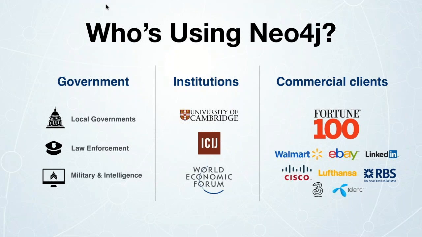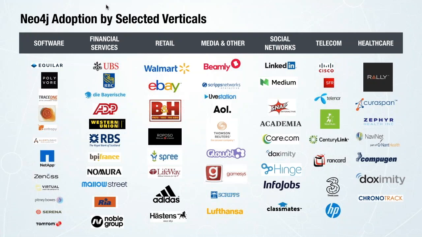And we can say that Neo4j is the most popular graph database around. So we really do have a privileged view on many use cases and the usage of graph databases. And Neo4j is used in verticals as diverse as software, financial services, retail, media, social networks, of course, telcos, healthcare, and a bunch of different other verticals and use cases.